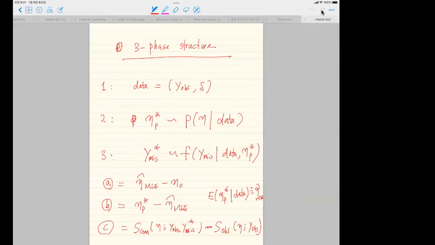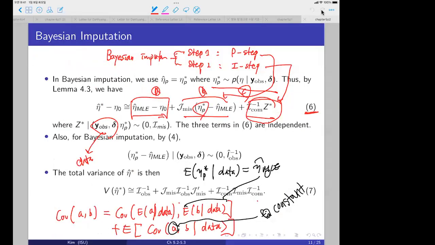We don't know the MLE, right? The MLE means what we could have if we didn't have the missing part in there. Still, this derivation is valid.